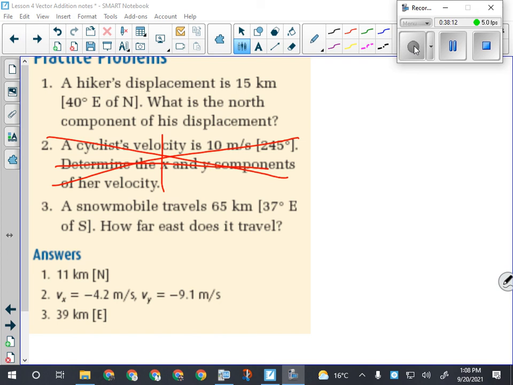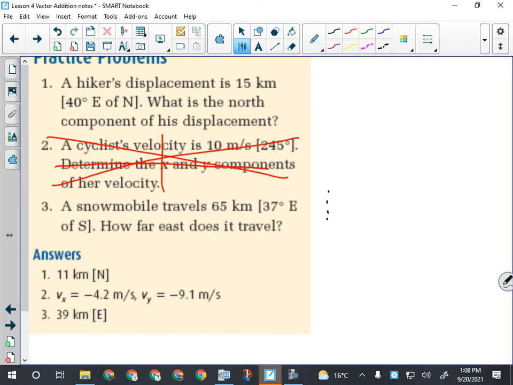When I want to start this one, I'm going to draw a line that's north, then go 40 degrees east of that, and then draw a 15-kilometer vector. Sorry, this is 40 degrees.